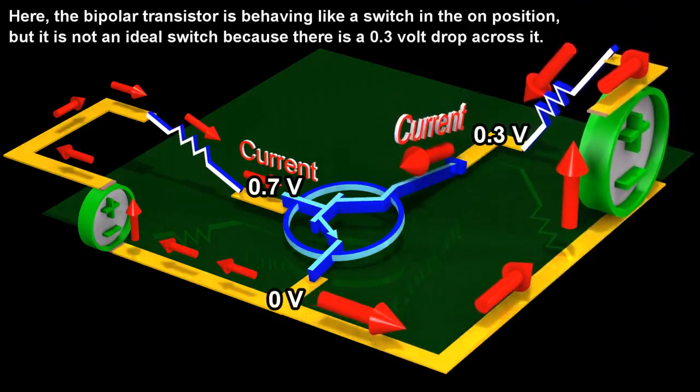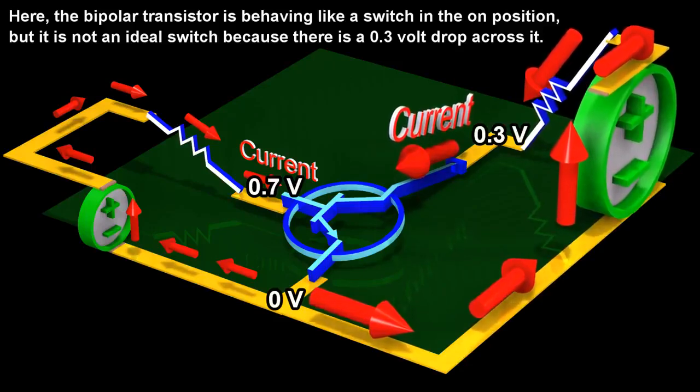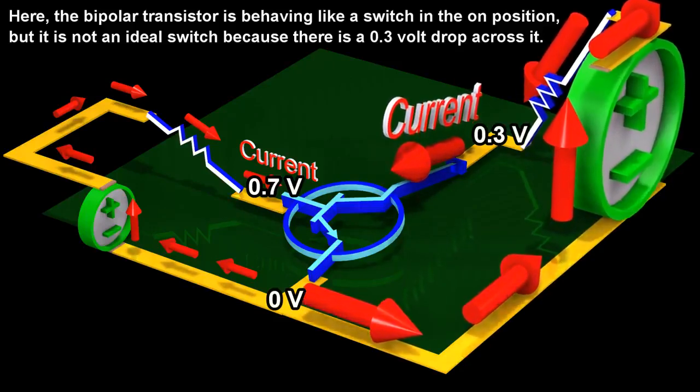But it's not an ideal switch because there is a 0.3 volt drop across it.